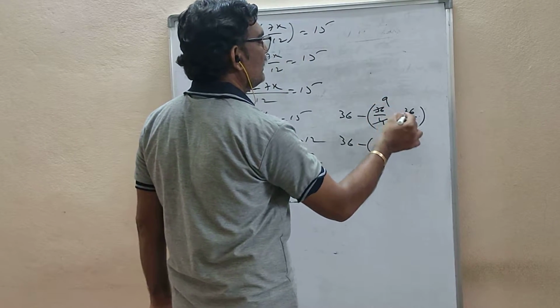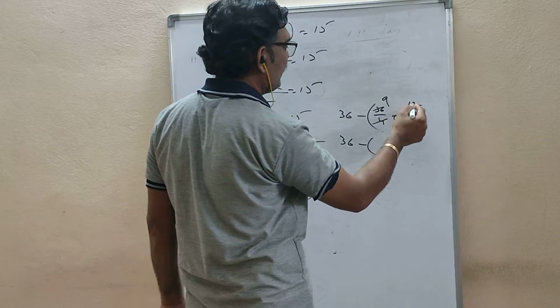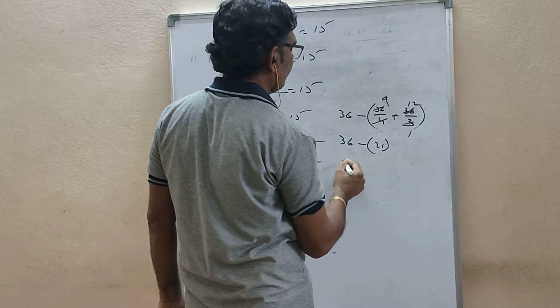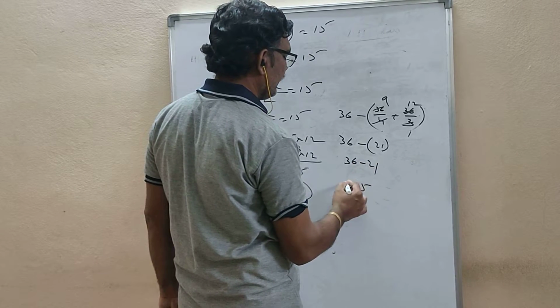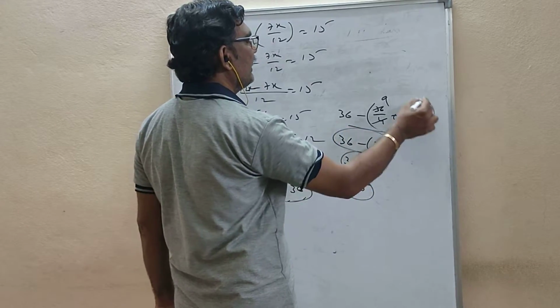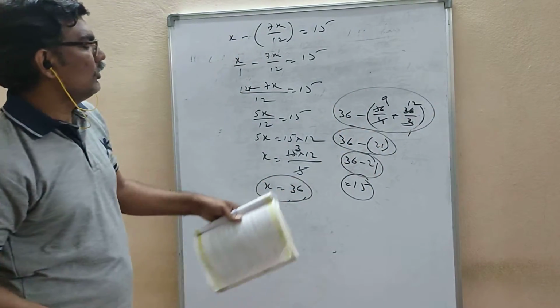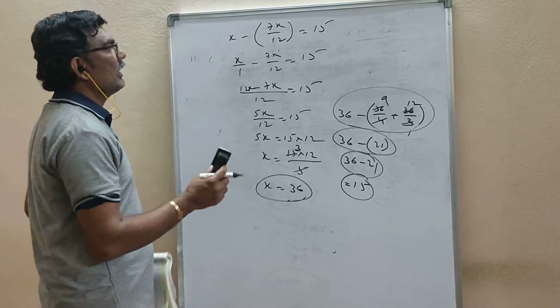So 4 1s are 4, 4 9s are 36, 3 1s are 3, 3 12s are 36. 12 plus 9 is how much here? 12 plus 9, 21. So from 36 subtract 21, how much do you get here? 15. So 15 are remaining, as he already said for us. 15 deer are the remainder. So you got the exact answer. So our problem is correct.